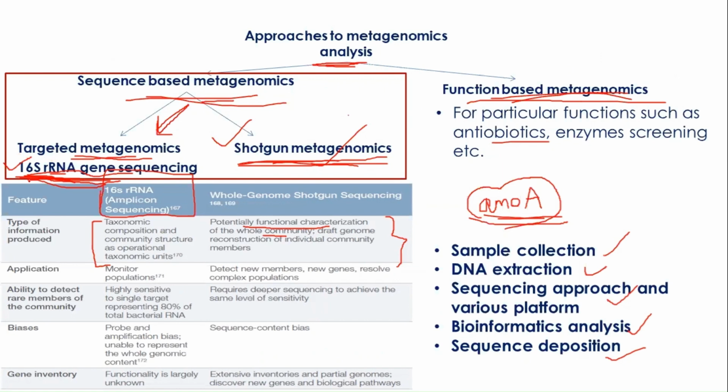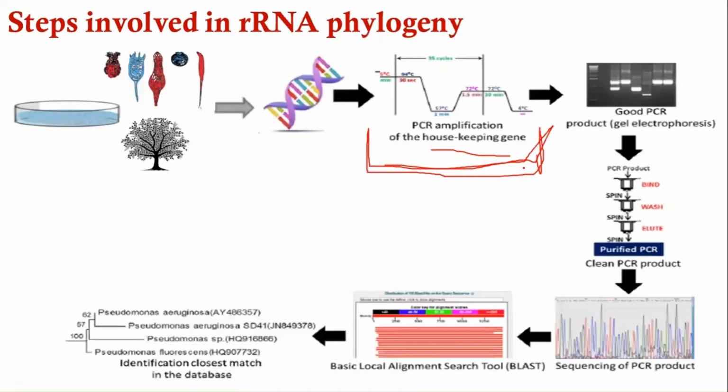In case of bacterioplankton community analysis, we generally do 16S rRNA gene sequencing. If you want to go for a function-based metagenome, then you can choose a gene for any antibiotics, for any enzymes, or for example, the ammonia monooxygenase gene of AOA, right? So that is function-based metagenome.